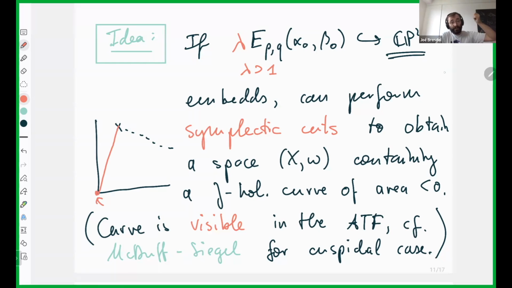And so it develops a cuspidal singularity. And we kind of avoid talking about cuspidal curves by doing these symplectic cuts. But the idea of using these visible curves is still very much the same.